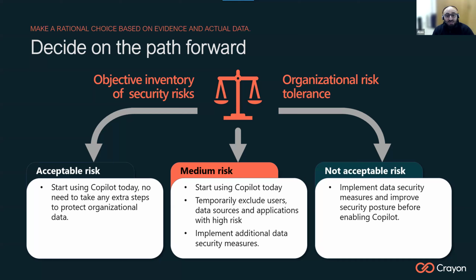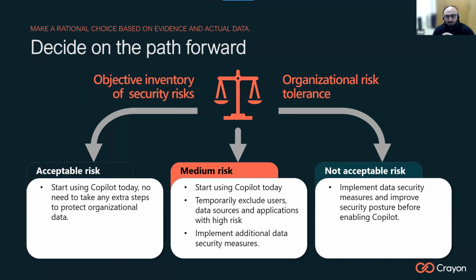For those within the not acceptable risk level, it's really crucial to establish all necessary controls before enabling Copilot. This involves comprehensive security measures to ensure everything is secure and compliant. So the key question is, what is the customer's tolerance for risk? That's the first thing you need to ask when a customer approaches you for deploying Copilot.